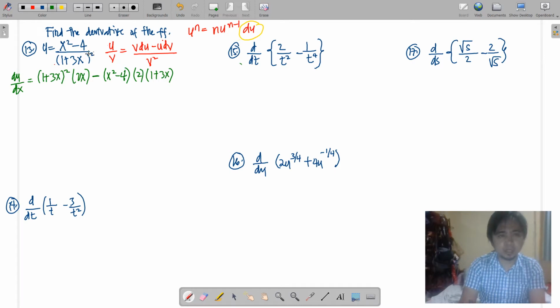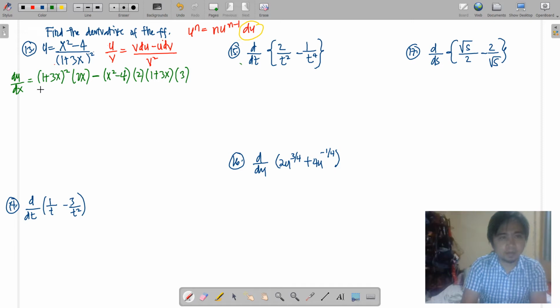Again, we reduce the exponent by 1, so it is raised to 1, which is implied. And then derive the inside term. The derivative of the inside term: we have 0, and the 3x, copy the constant and derive the variable, that just results to 3.